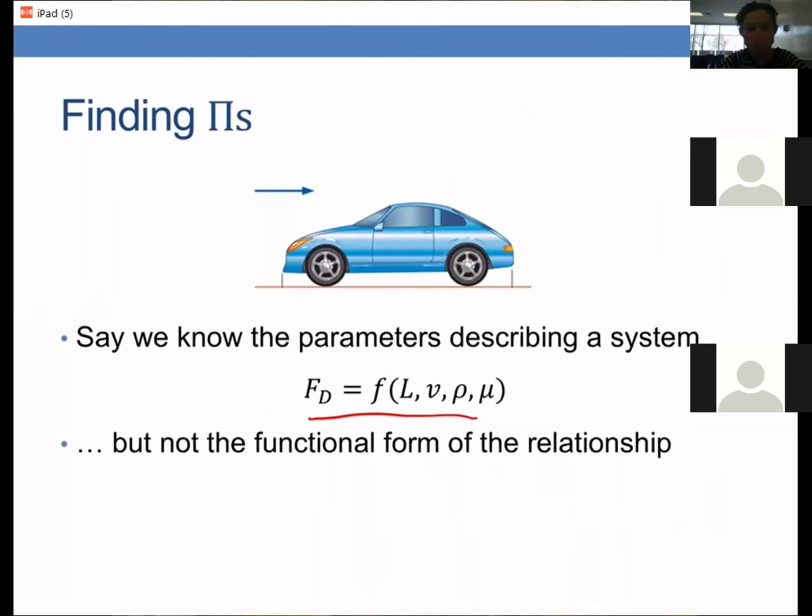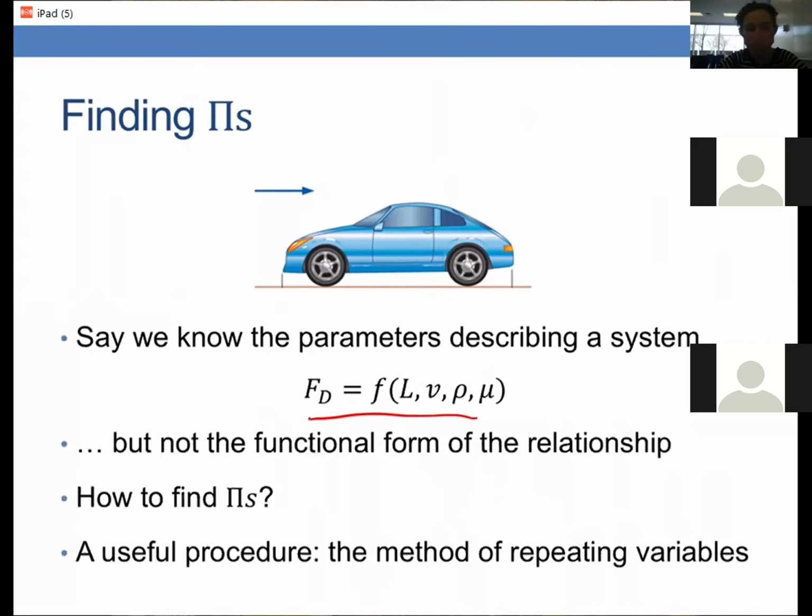So we don't know the functional form, but we do know that these are the important ones, and we can figure that out by playing around with it and experimenting. So now we want to find some pies. We can do this with any situation, but we're going to use this one with the cars. The procedure I am going to teach you right now is called the method of repeating variables.